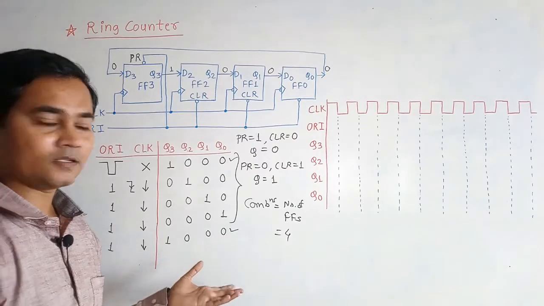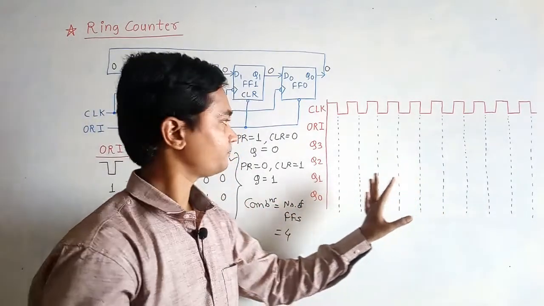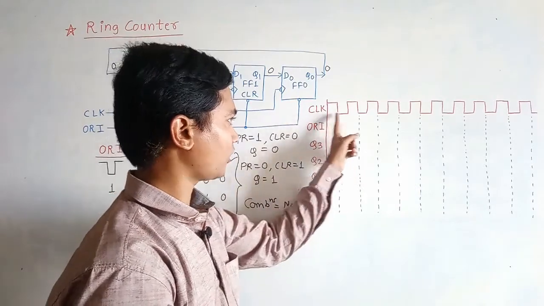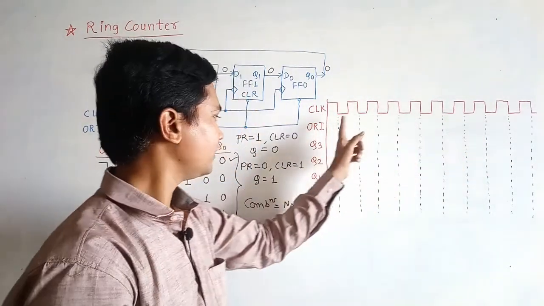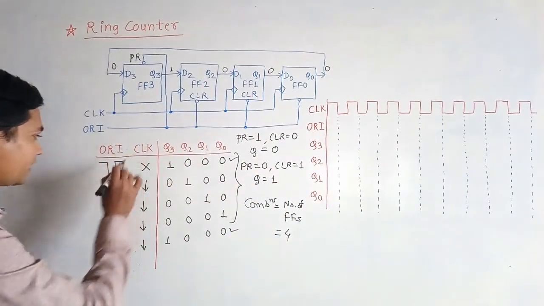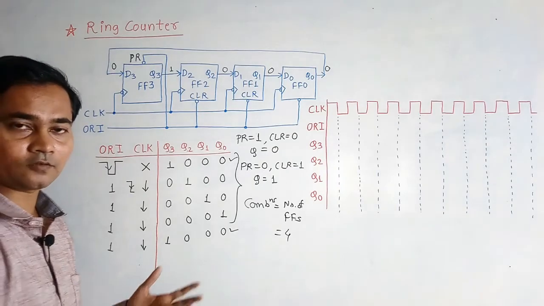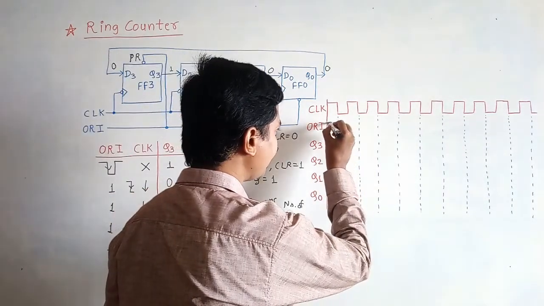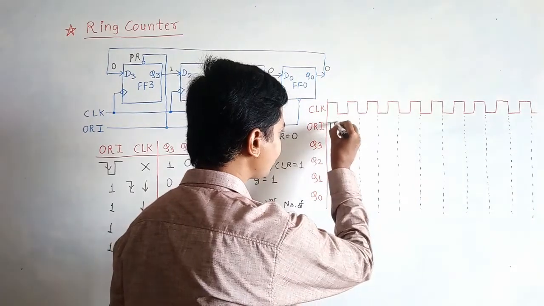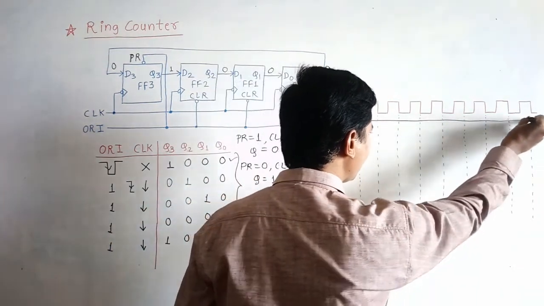Now let us see it in the form of a timing diagram. Here the clock is shown. Clock will be applied continuously, and initially we have to generate the falling edge triggered clock, also called a negative clock. So here consider ORI is generated here, and for all the time it has been set to 1.